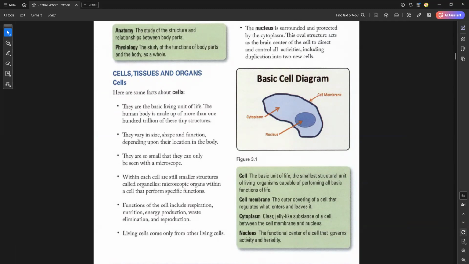Now, they vary in size. Please, I'm going to explain this, and everybody listen to me. They vary in size, shape, and function. Let me talk about the shape and function. Now, our fingers are elongated, or our fingers are long. So the cells in the finger should have an elongated shape.